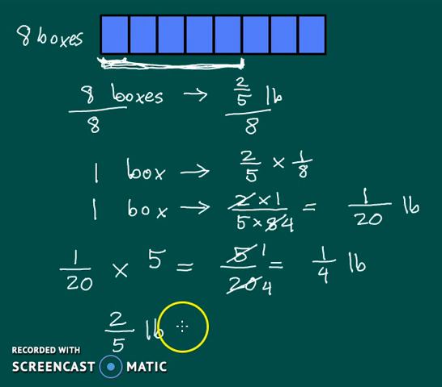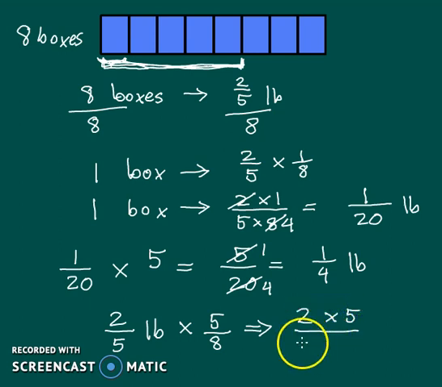So essentially, I'm just looking for 5/8 of the weight that I was originally given. So let's see, 2 times 5 over 5 times 8.